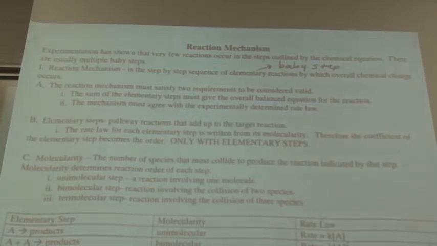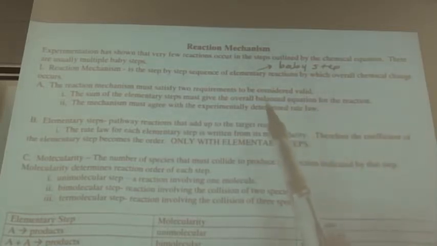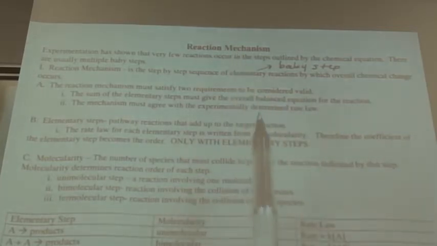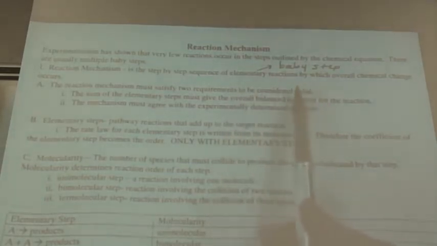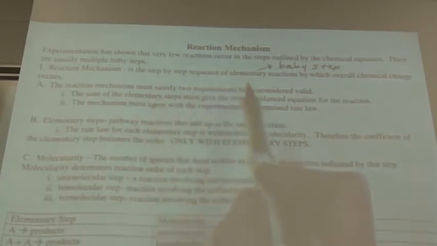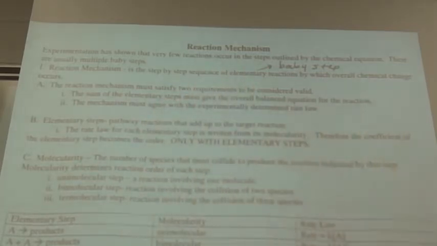And the guy writes it down, or the woman writes it down, and they say, okay, this is my hypothesis of the mechanism, the steps involved in making this balanced equation. In order for that mechanism to be considered valid or right, these two conditions have to be met. First of all, the sum of all the elementary steps must give you the overall balanced equation.